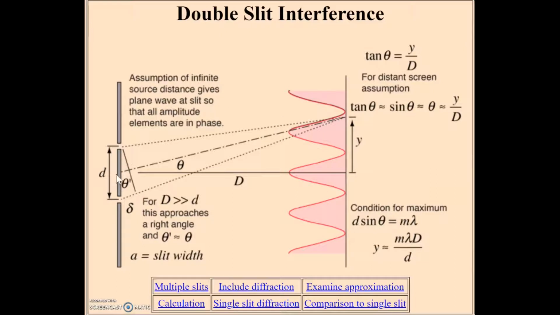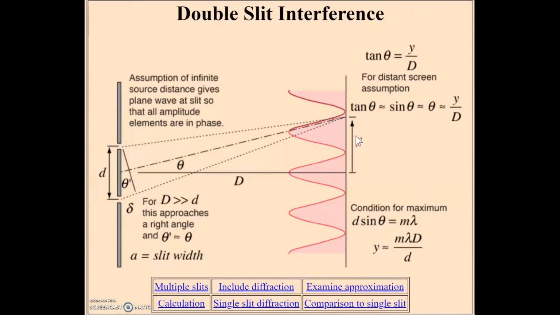Here we have d, which is the distance between the two sources, and here we have theta, which is the angle from the middle to whatever minima or maxima it is. In this case, the diagram shows it near a minima, but it isn't always going to be like that.